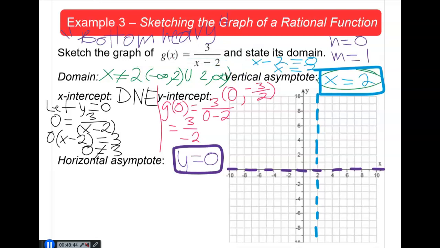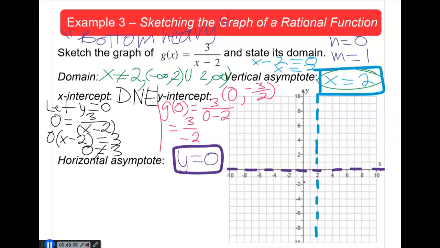Okay, now let's go ahead and plot the y-intercept. So that is the point 0, comma, negative 3/2. So that is like negative 1.5. So 0 for x and then negative 3/2. So that would be like right.